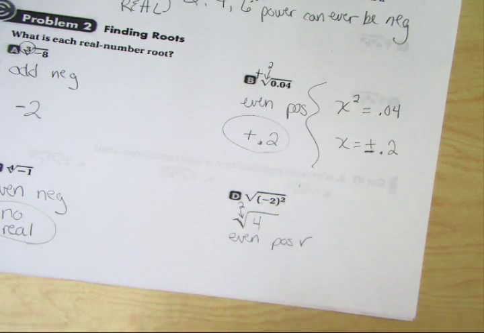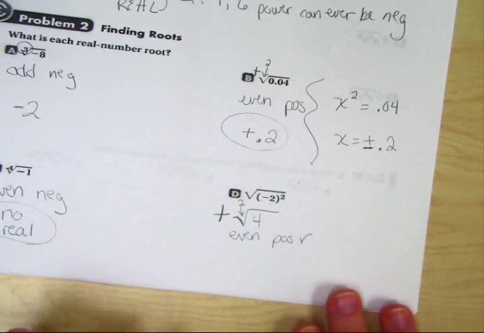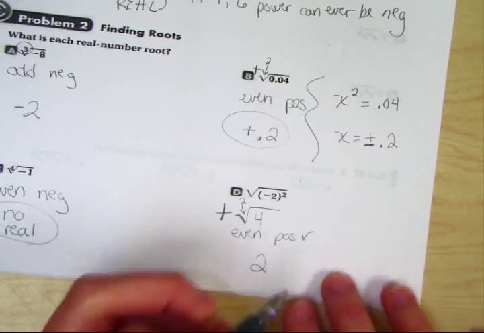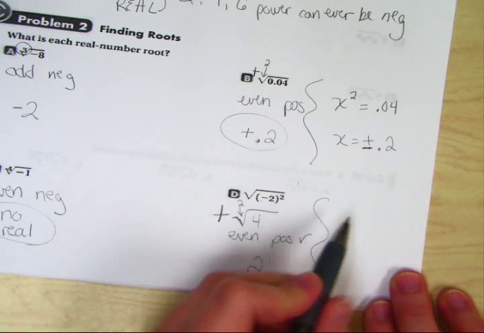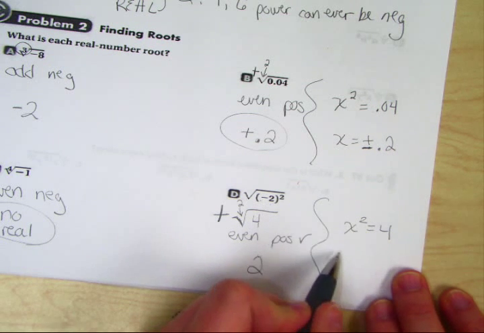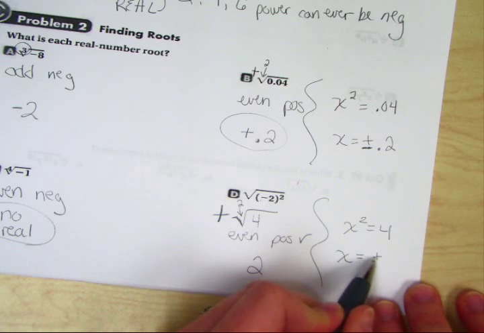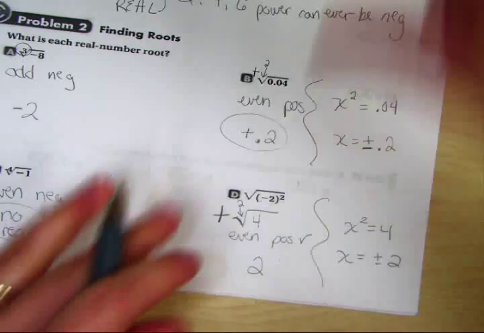So that's good, that's allowed, even and positive. They're asking for the positive root of 4. The positive root of 4 is 2. Again, that would be much different if it said x squared equals 4. If it says x squared equals 4, you would say x equals plus and minus 2. Over here, they're just looking for the positive root.